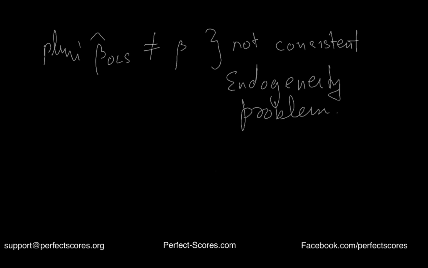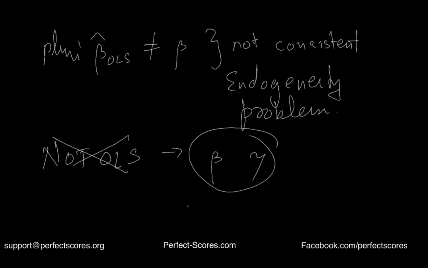So the problem here is not OLS. That's not the problem. The problem is something else. The problem is that the values of beta and gamma are not identified. We can still use OLS in simultaneous equation models, but we have to be careful.